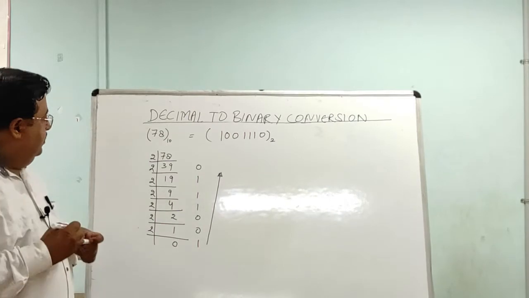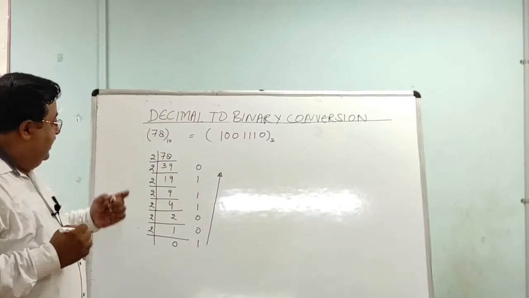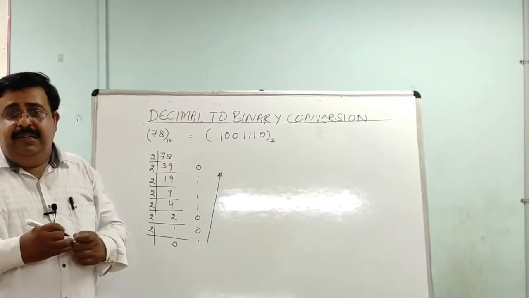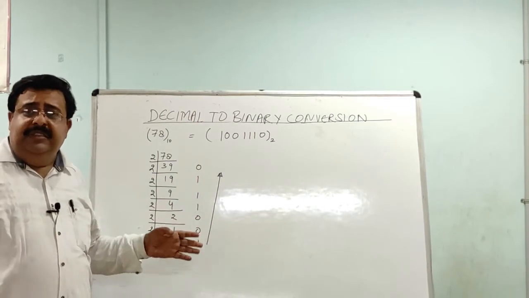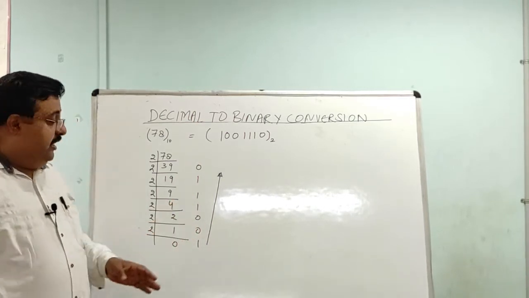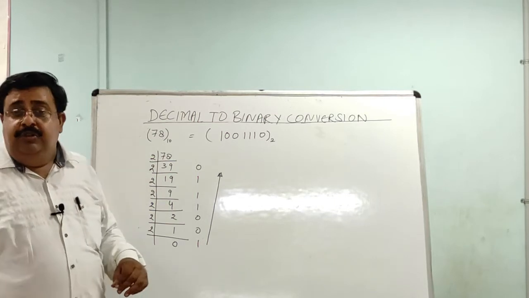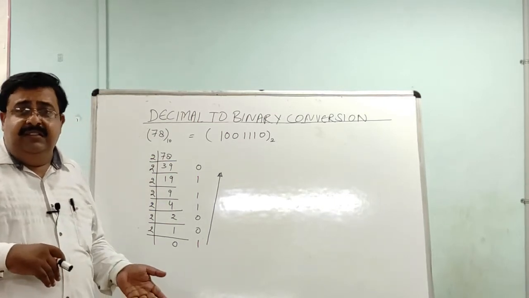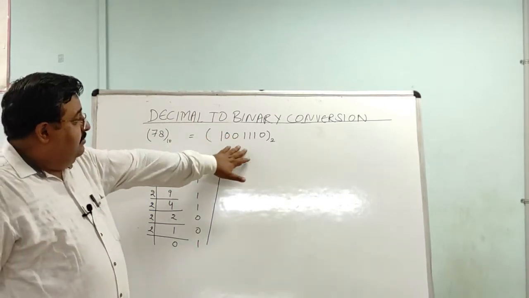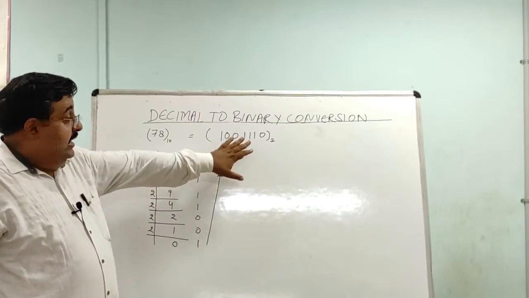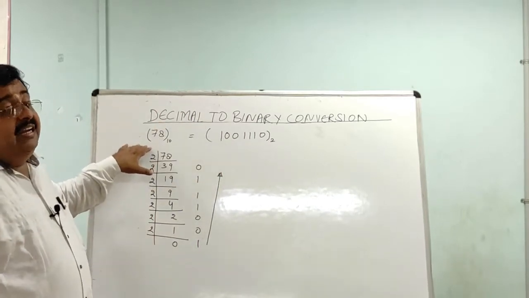So, you can see our number 78 is converted into binary. I hope this is clear to all. Now I am going to show you the reverse thing, that is, I will start with this number and I will get back 78 again.